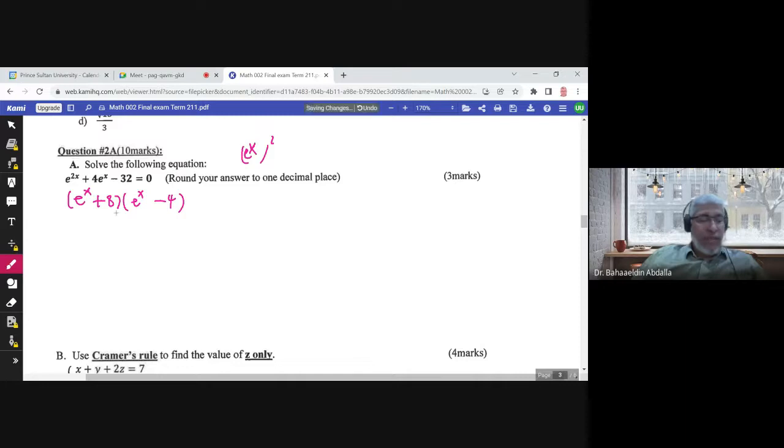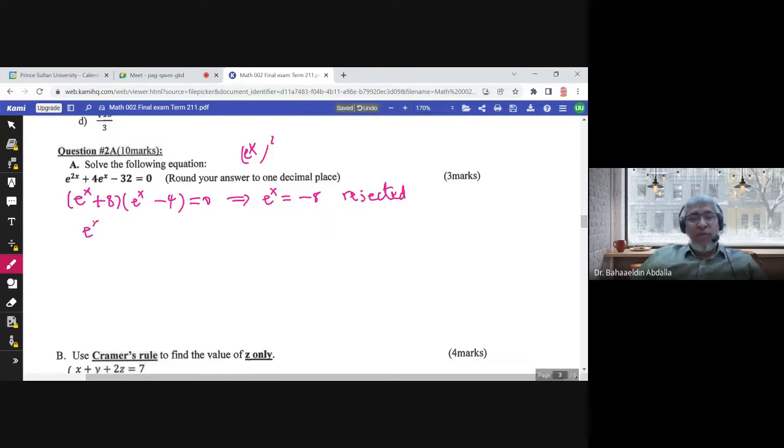So (e^x plus 8) times (e^x minus 4) equals 0. So now either e^x plus 8 equals 0, which means e^x equals negative 8. But we know that the range of the exponential function is from 0 to infinity. It cannot be negative. So this answer is in fact rejected.